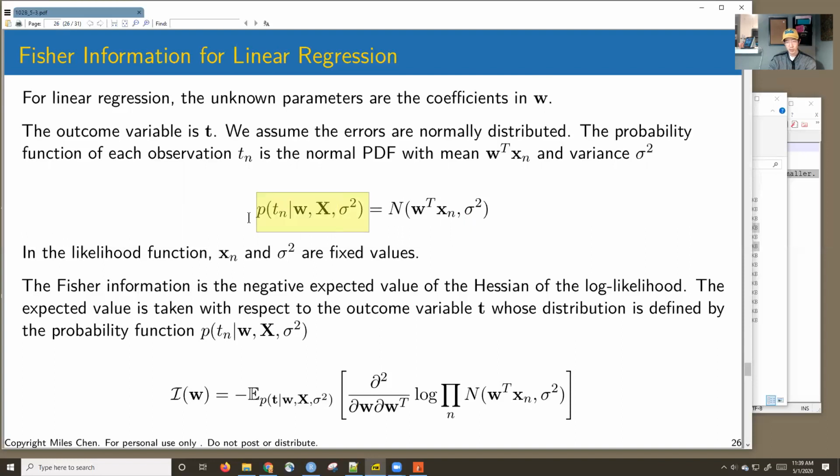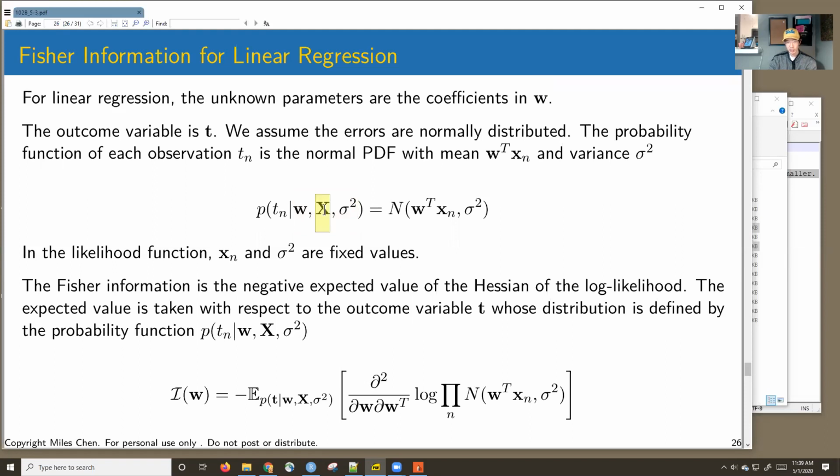So the probability function of the outcome variable t is the normal PDF, and these values w, x, and sigma squared are parameters of this function.